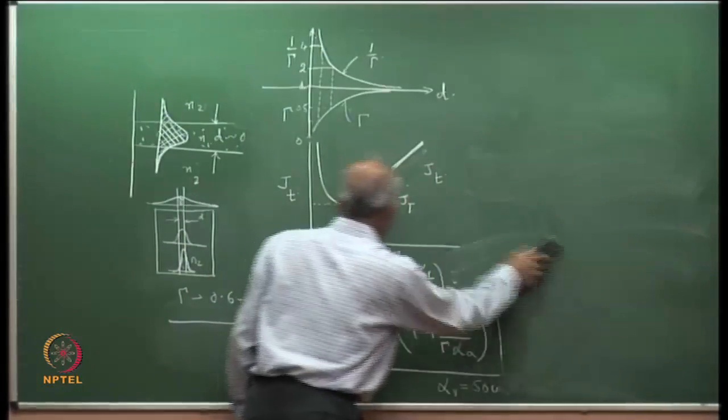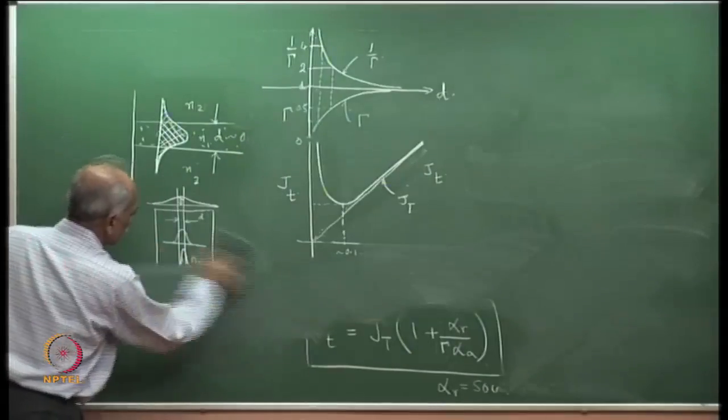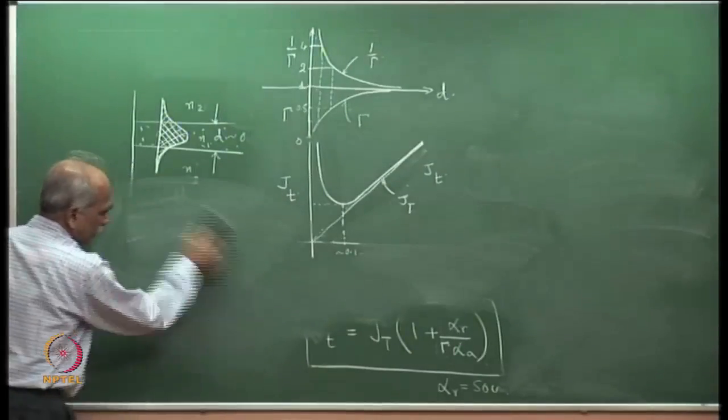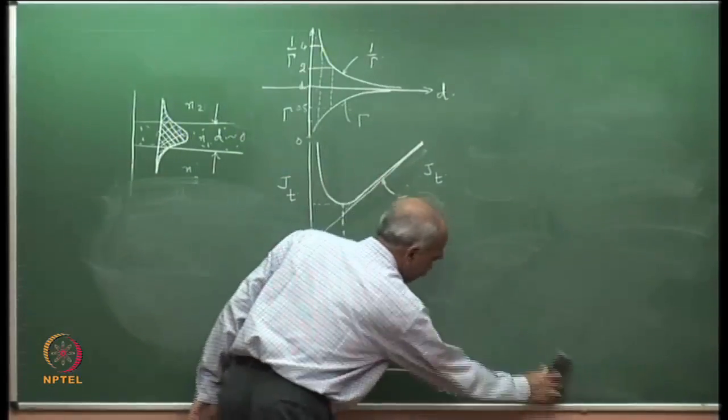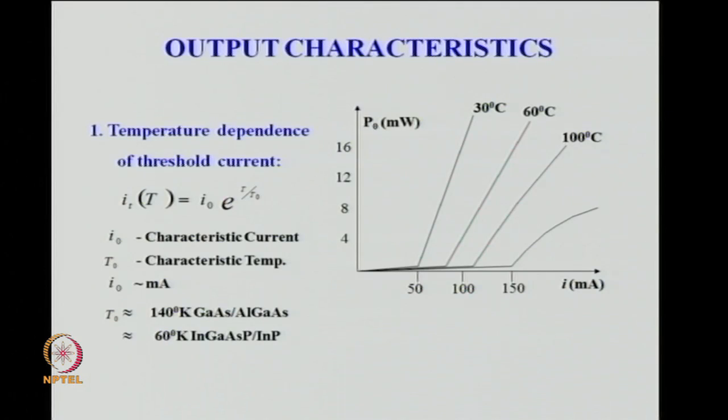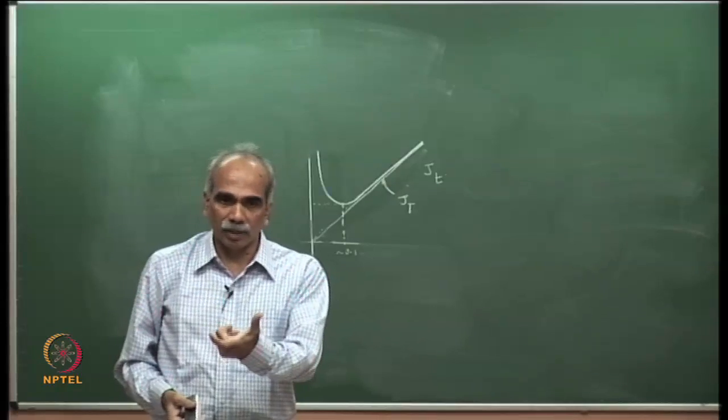Okay. So, let me continue with the PPT characteristics. This is a concept which was an important concept. When I wrote the dimensions of a semiconductor laser, we had written length around 300 micron.